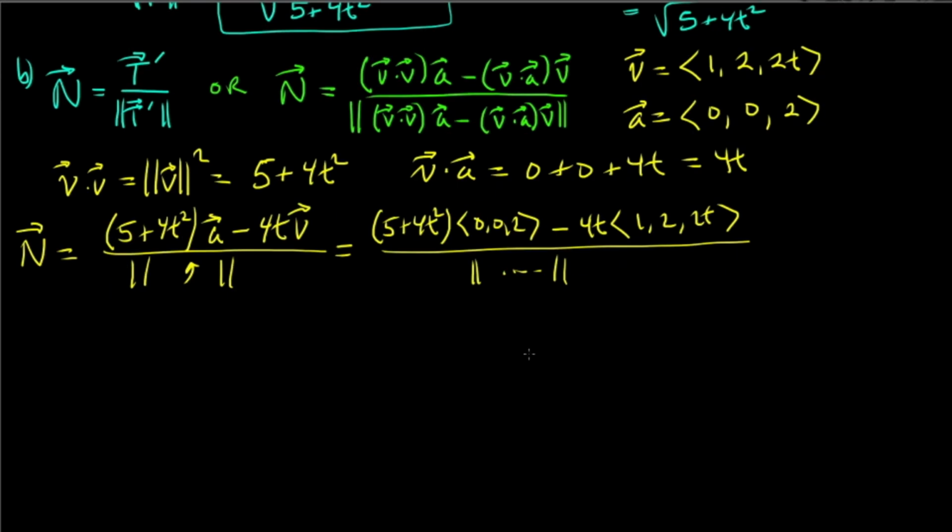Okay. So the numerator, you're going to have components 0, 0, and then it looks like 10 plus 8t squared minus the vector with components 4t, 8t, and then 8t squared.